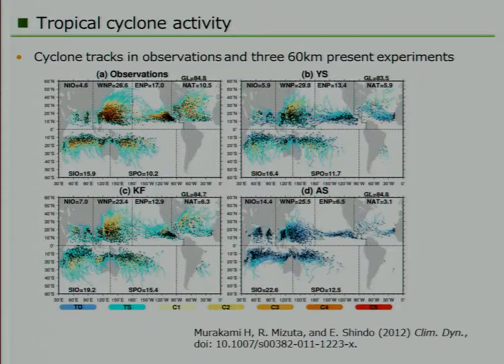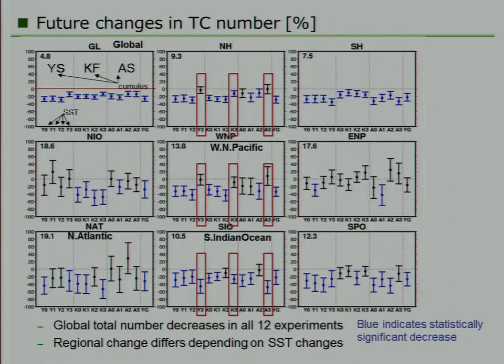But when we see the future change, this is a global number of tropical cyclones for each of the 12 simulations, and this is their line, and so in all of the simulations, the cyclone number is decreasing from the global point of view. So this is a robust result.